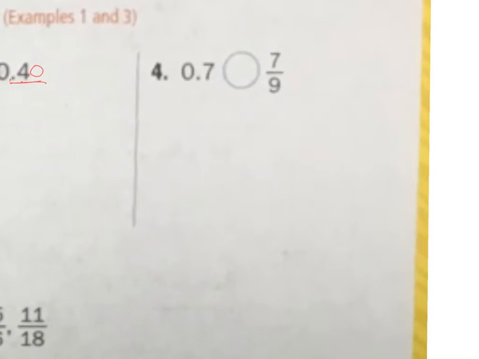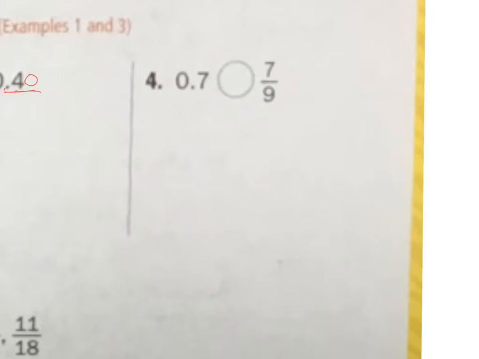Another one. Alrighty. I have 0.7 here and 7/9. I'm going to do 7 divided by 9 equals 0.7777. Okay, I'm going to round that up to 0.78.